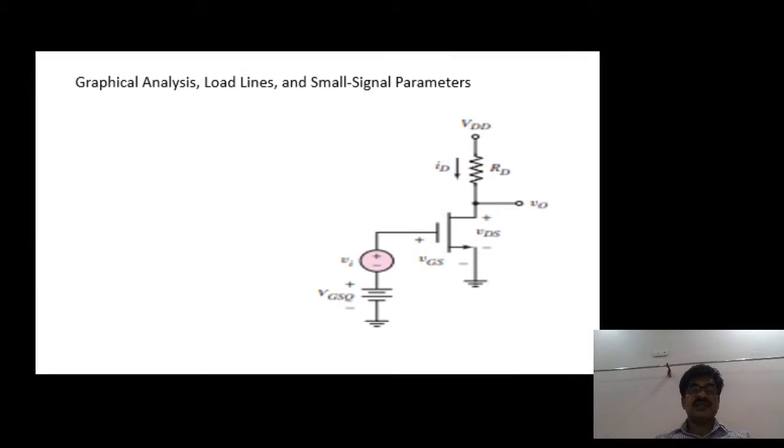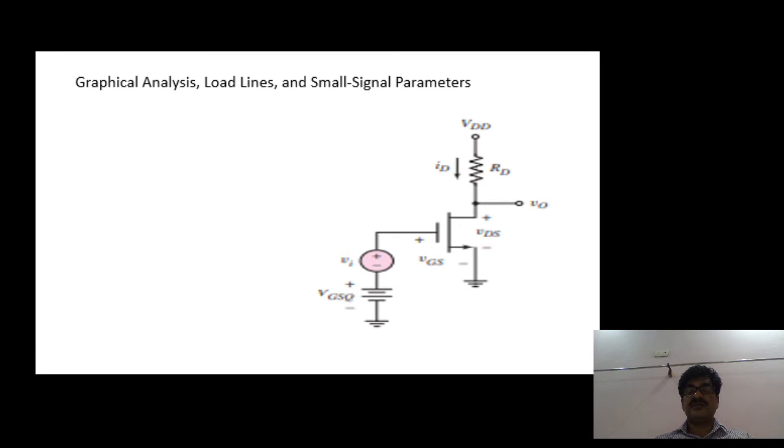Let us see the MOSFET inverter diagram to understand the graphical analysis of the MOSFET amplifier. So as a transistor amplifier or transistor inverter, basically the MOSFET inverter diagram is like this.